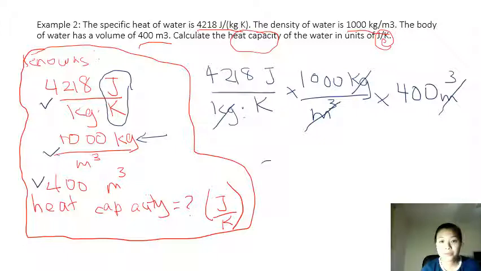And so if I put this in the calculator, it's going to be 4,218 times 1,000 times 400. And that should give me 1.69 times 10 to the 9th joules per Kelvin.